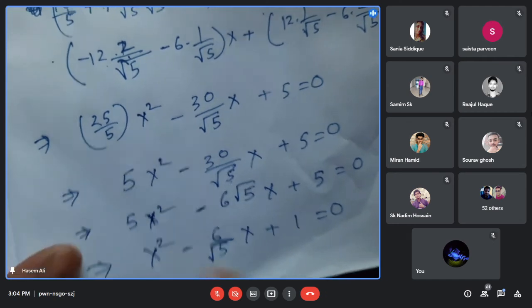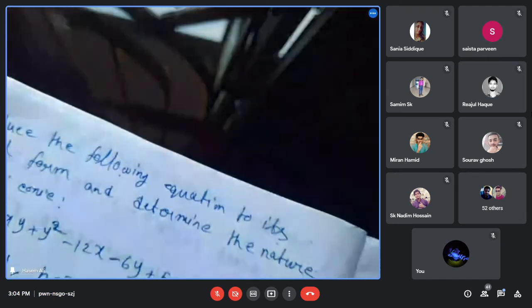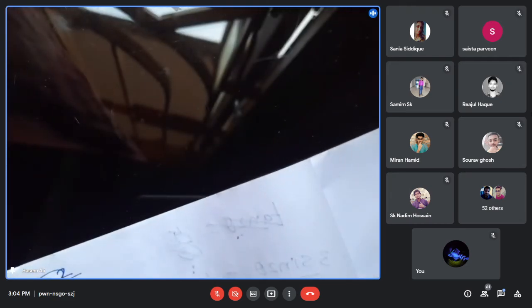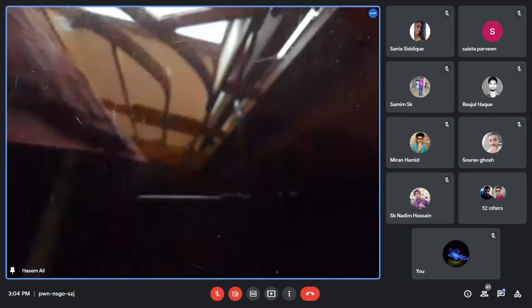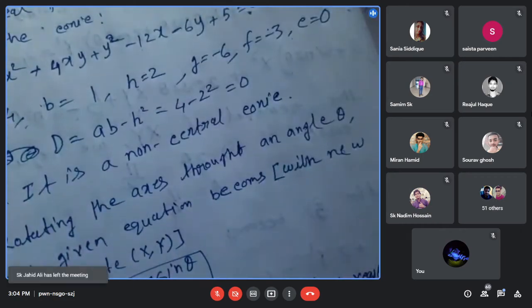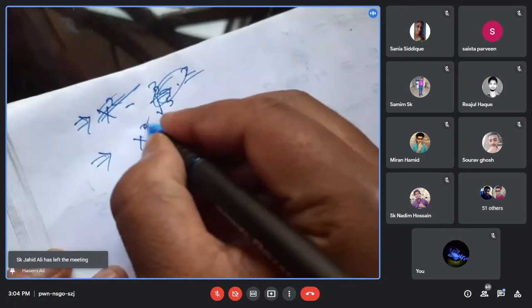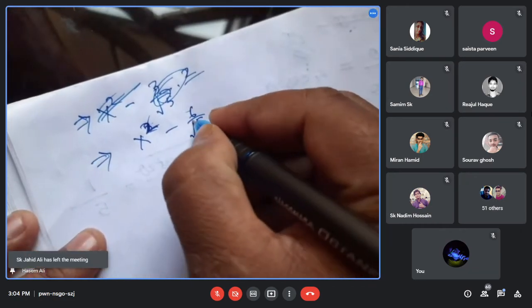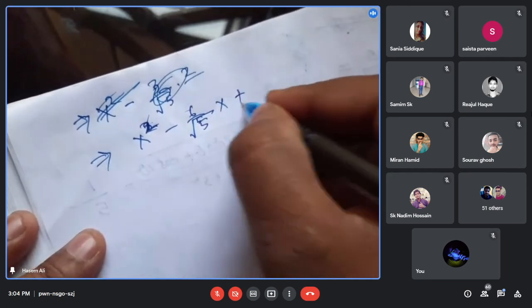Just apply the formula. The equation was x square minus 6 by root 5 into x plus 1 equals to 0.